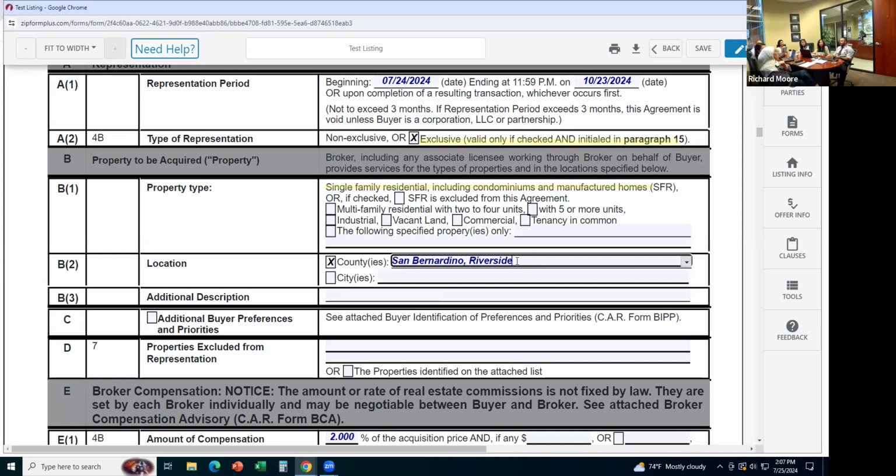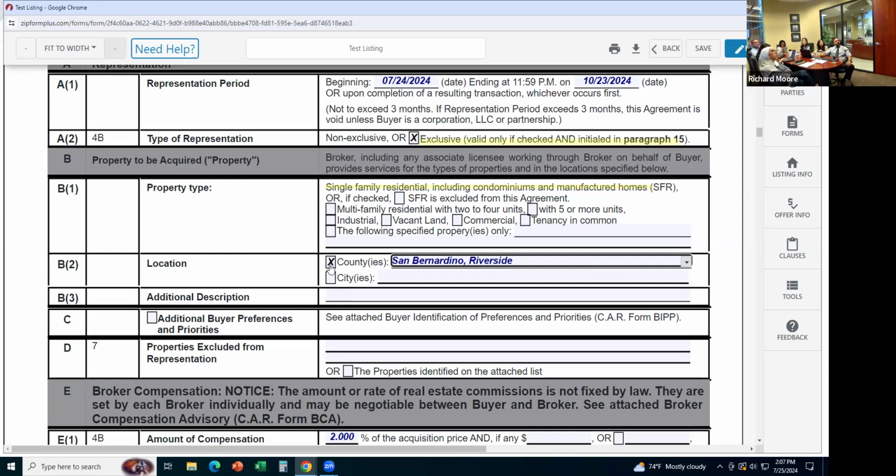I was looking in Orange County, as she said, and she bought in Irvine with another agent. So maybe you can just write all the counties in here, like Southern California counties.